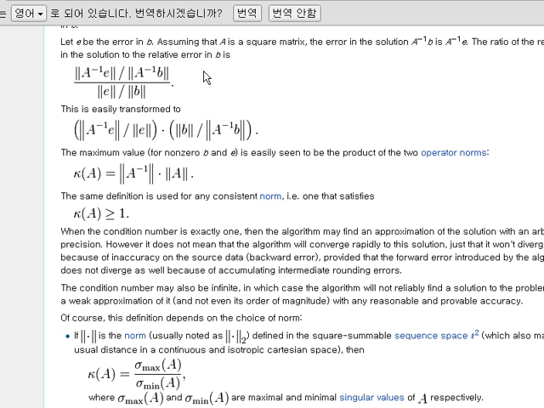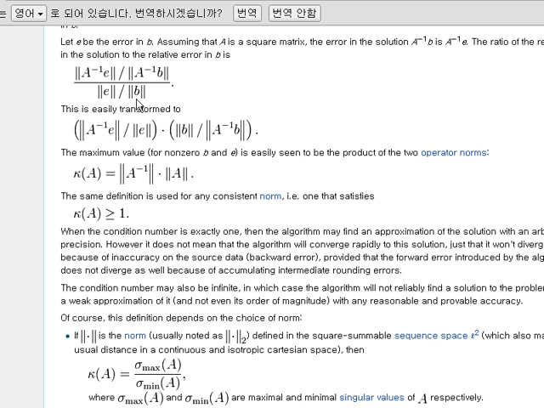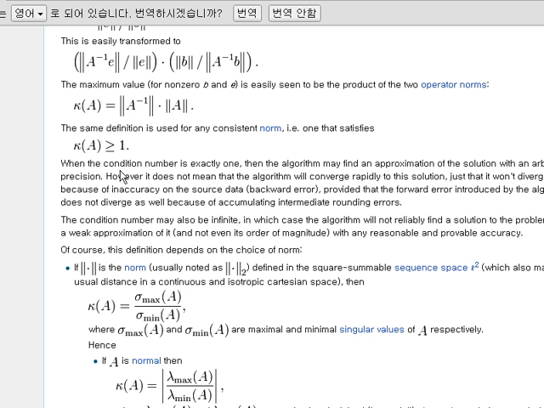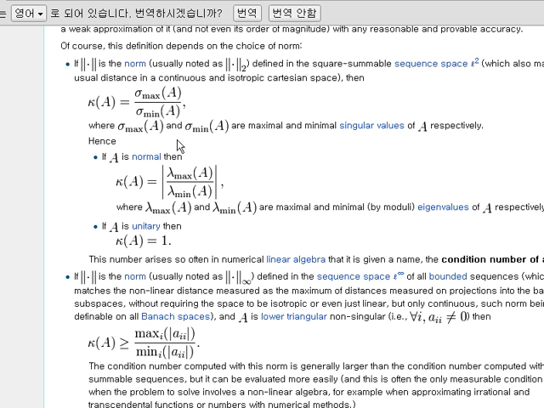With those definitions of vector norm, we can define the matrix norms in this pattern, and then the condition number of matrix A can be defined in this way. From this definition, we can draw theorems like this: the condition number is the maximum eigenvalue of A over the minimum eigenvalue of A.